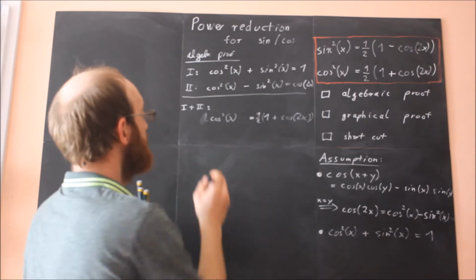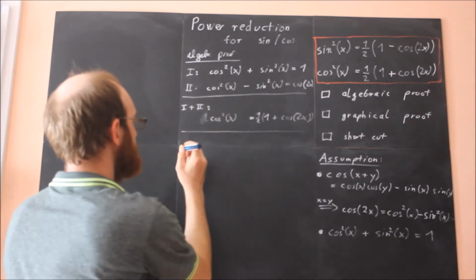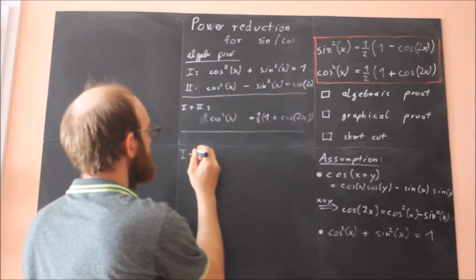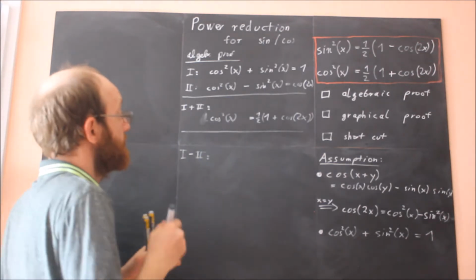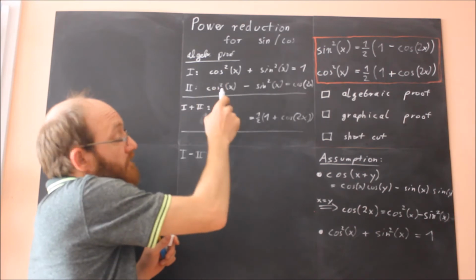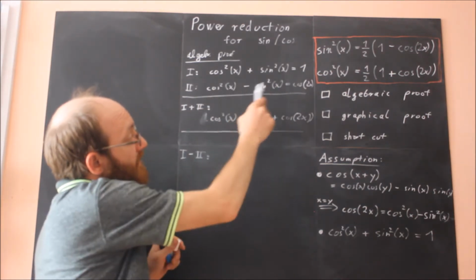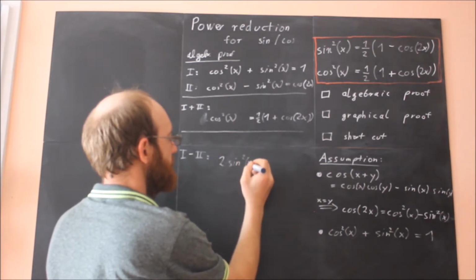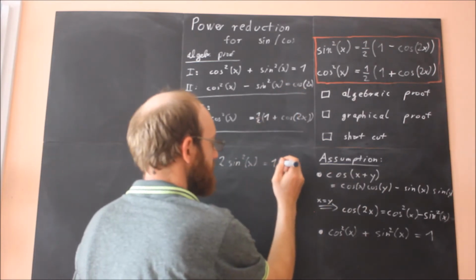Then for the second equation, we subtract them. 1 minus 2. Therefore the cosine cancels out, cosine squared minus cosine squared gives 0. Sine squared minus sine squared is 2 times sine squared, and 1 minus cosine of 2x.